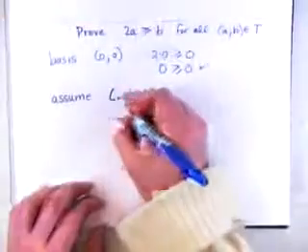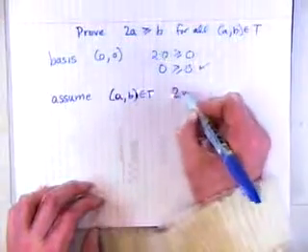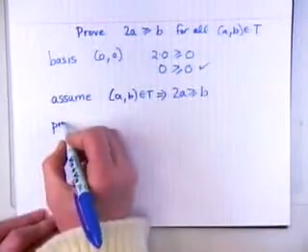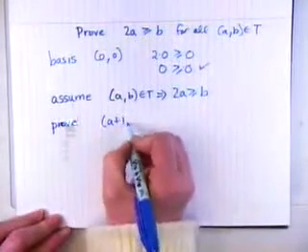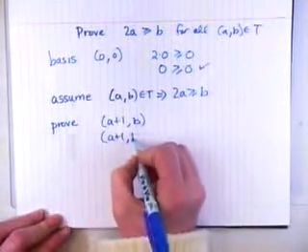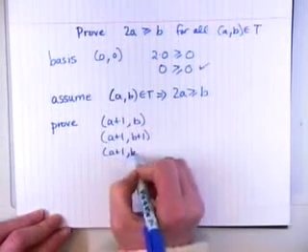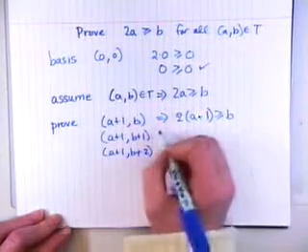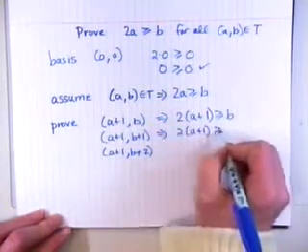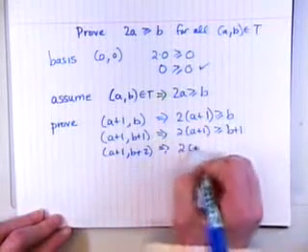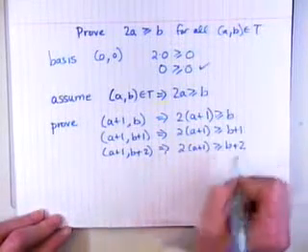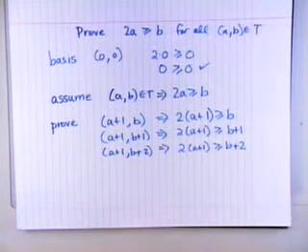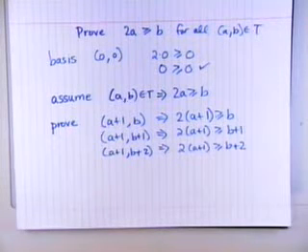So our assume says that if (A, B) is in T, then 2A is greater or equal to B. We want to prove for all of those recursively defined set points that twice the first element is bigger than or equal to the second one.